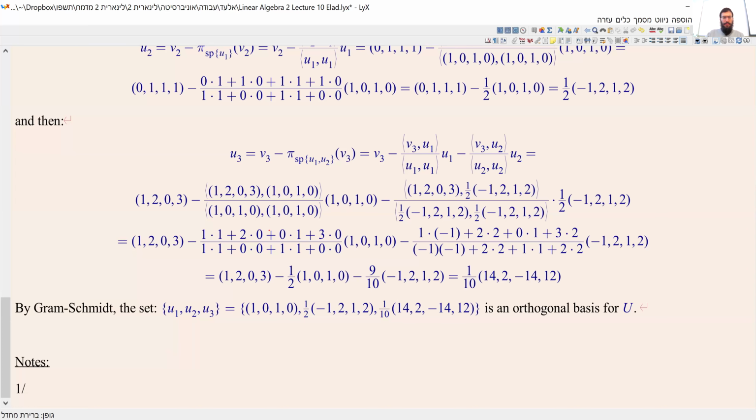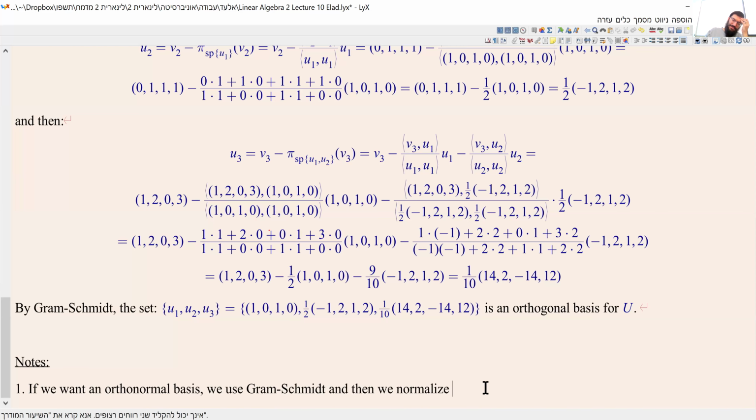Notes. First of all, if we want or need an orthonormal basis, not just orthogonal, we use Gram-Schmidt, and then we normalize the vectors.